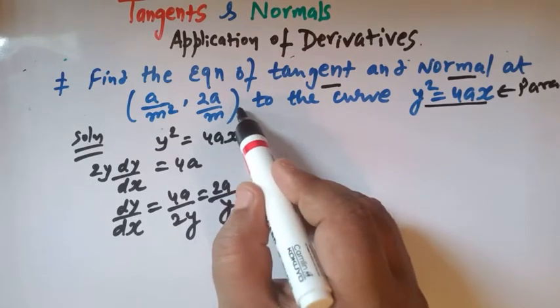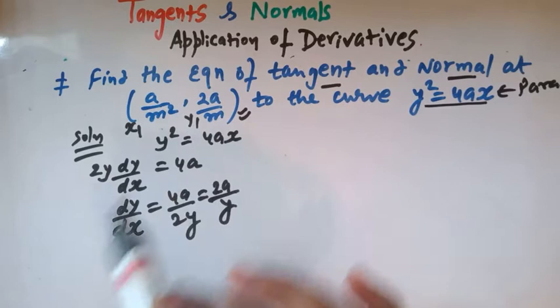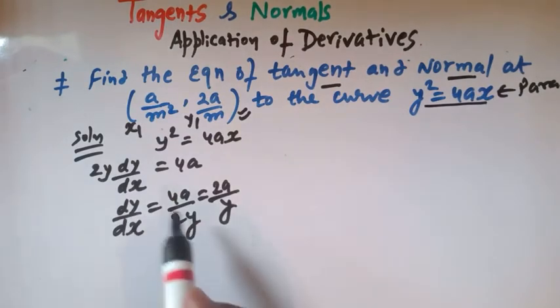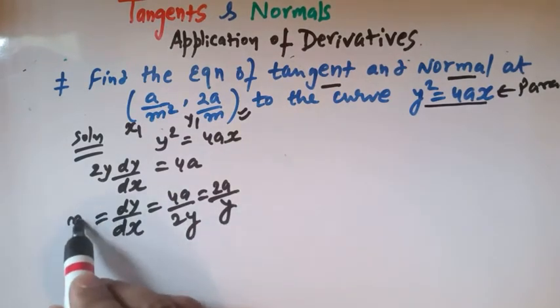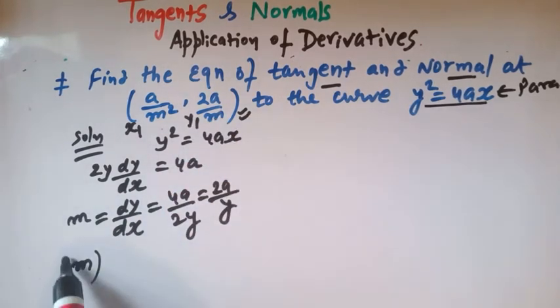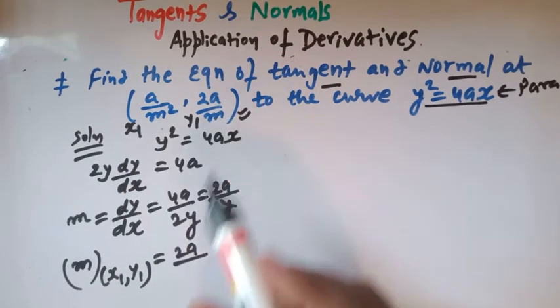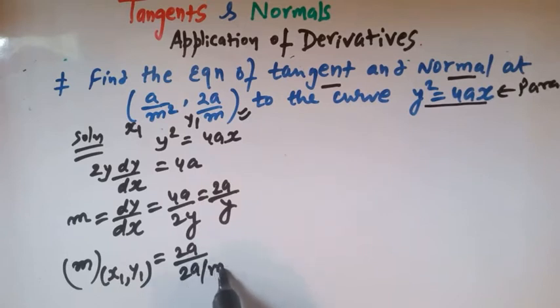Now this is the given point, that is, this is x1 and this is y1. Clear? So the slope at this point, that is at x1 comma y1, is 2a over y. Y is 2a by m, and this m is different from this m.